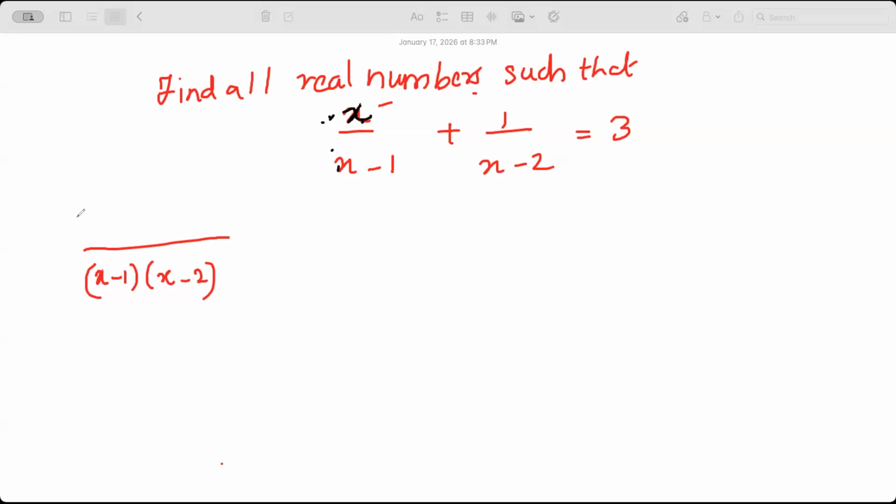I multiplied both of them. The first one I multiplied by x minus 2, and then x times x minus 1. Correct. Equal to 3. Correct? See, the basics that we learn in fourth grade are what is important. Fourth, fifth grade fractions come into the picture again. If you have a fraction like this, how would you solve it? You tell me.